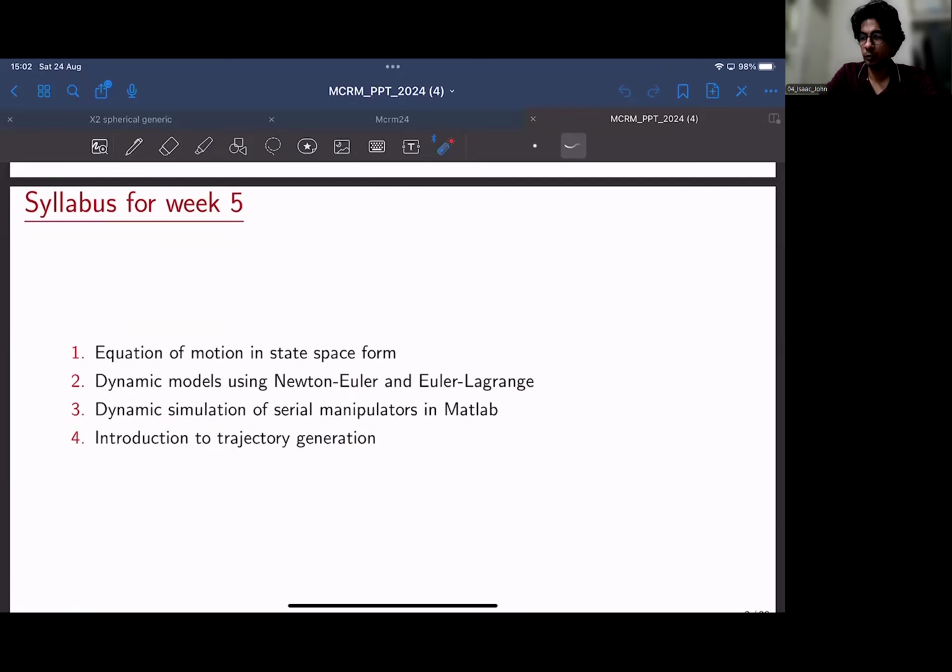Basically, this week the topics we will be covering are to derive the equations of motion of a serial robotic manipulator, right? So in essence, we would deal with dynamics of robotic manipulators.